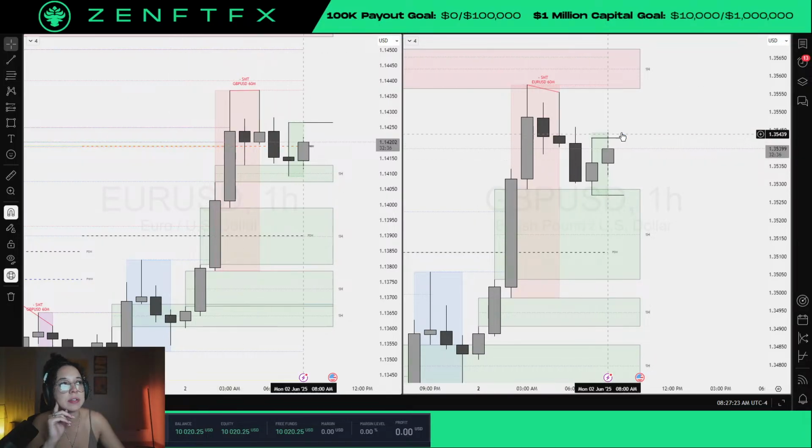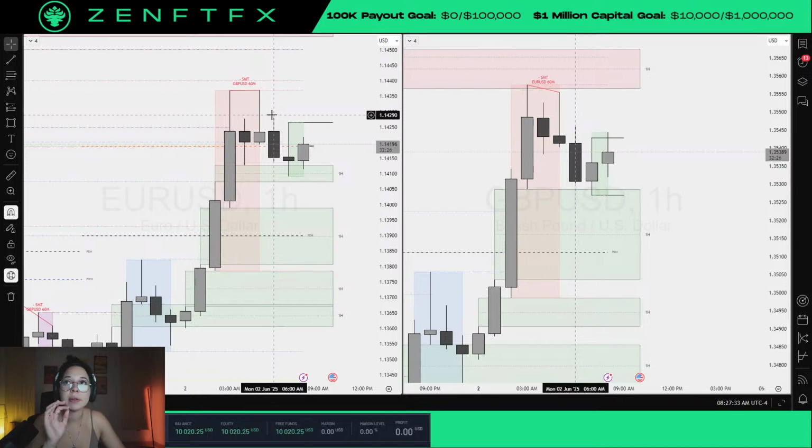We do have GBP USD taking out the 7 a.m. high and not the 7 a.m. high on Euro USD. But for me to take these trades, I need to see a delivery out of a higher time frame fair value gap, preferably an hourly fair value gap. That's my A+ setup criteria, and I'm only taking A+ setups for this challenge.